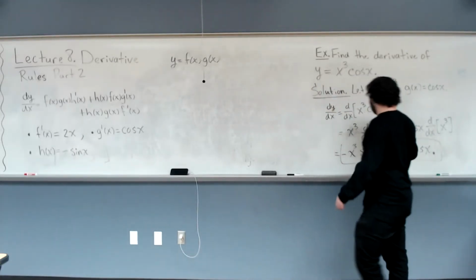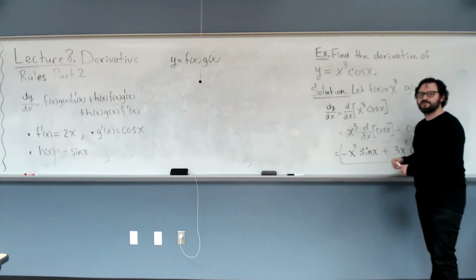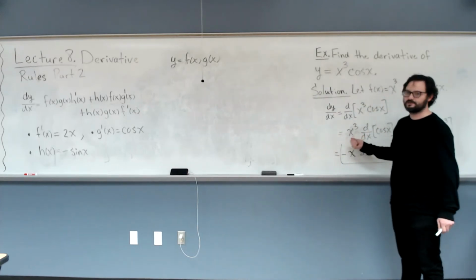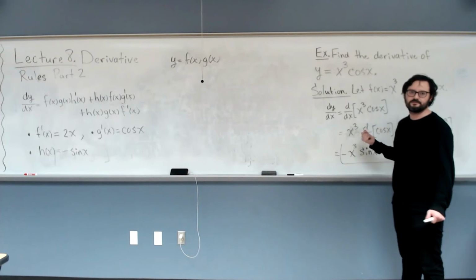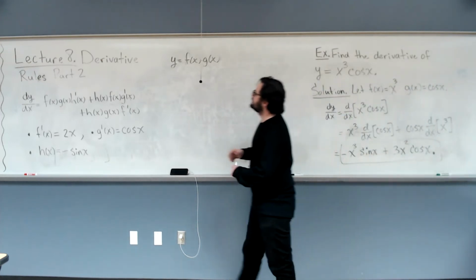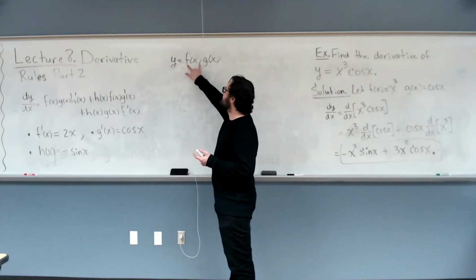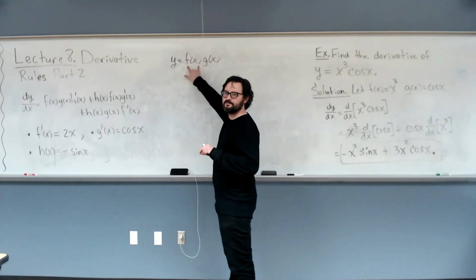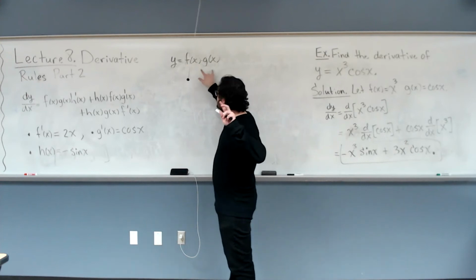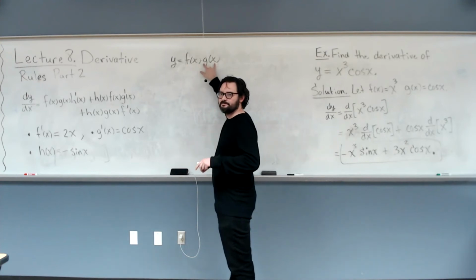But why is it this way? Why is it the derivative times one function plus the other derivative times the other? Conceptually, think about how this function is growing on its own, and then how the instantaneous rate of change of this one is growing.